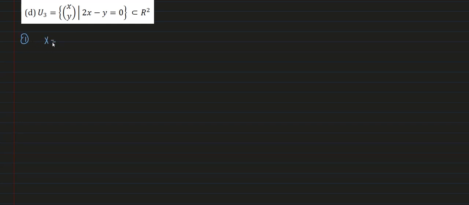So this is for our discussion; you don't have to mention it. If x equals y equals 0, then 2 times 0 minus 0 is equal to 0, which gives us a true statement. And therefore, the zero vector does belong to U3, and therefore U3 is a non-empty set.